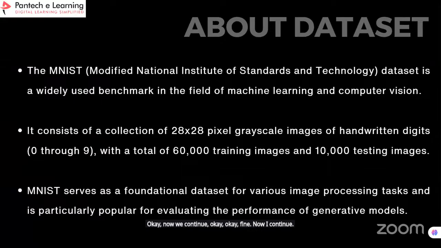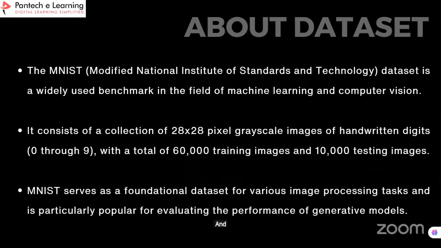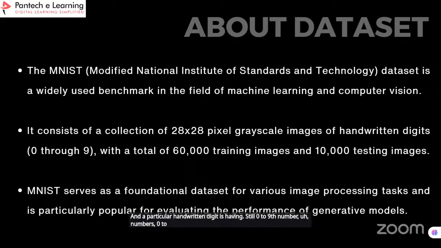Okay. So the second point: every image has a pixel size of 28 by 28, and the handwritten digits range from 0 to 9, with a total of 60,000 training images and 10,000 testing images for our model. It serves as a foundational dataset for various image processing tasks, particularly evaluating the performance of generative models.